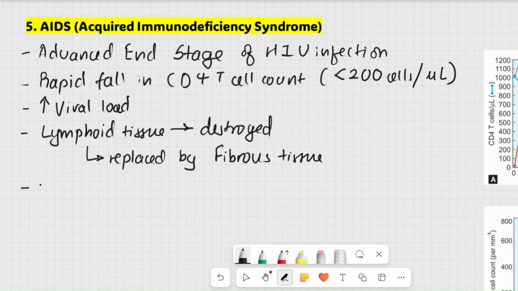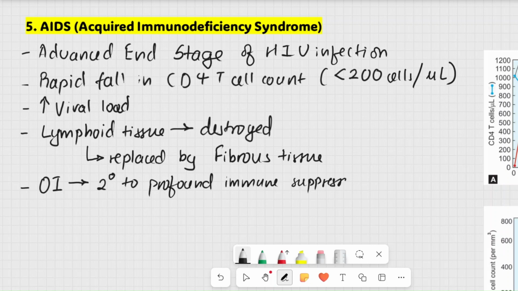Very important thing, the patient will start developing opportunistic infections, and this is secondary to the profound immune suppression. And it is AIDS. AIDS means your immune system is going to be suppressed very profoundly, very significantly. Secondary to the suppression of the immune system, there would be development of different opportunistic infections, guys.